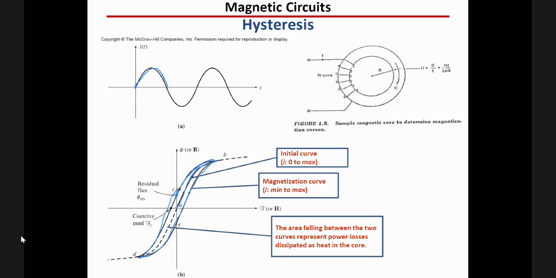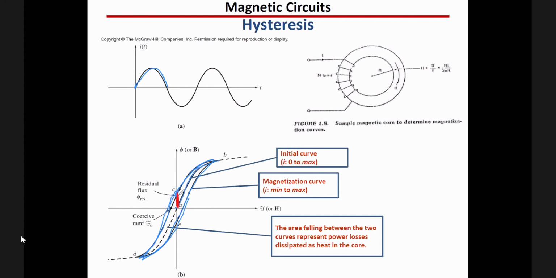This is called hysteresis loop. And the actual meaning of this is that we have some residual. This is called residual flux. So even if the current is zero, meaning the supply is zero, you expect the flux to be zero, ideally. This is not true.